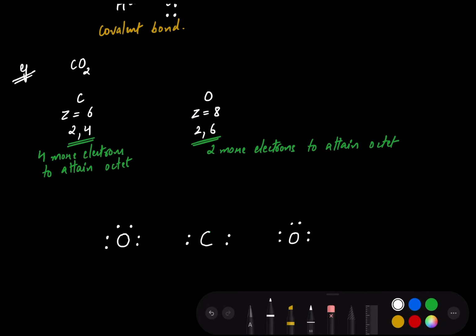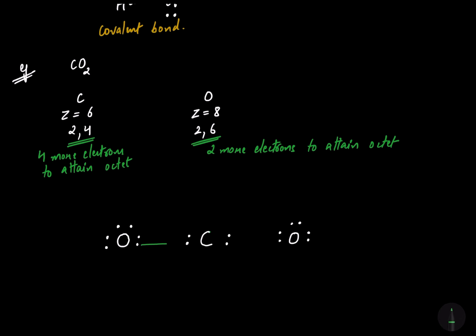Now sharing of electrons will take place between the carbon and oxygen. So let's talk about the first oxygen and the carbon. This is the first shared pair of electrons, and another shared pair of electrons.